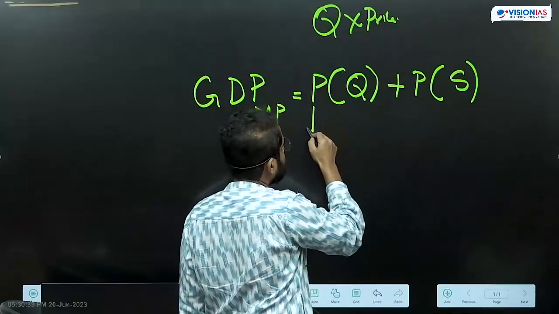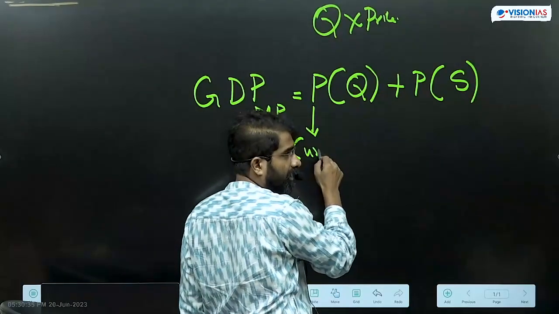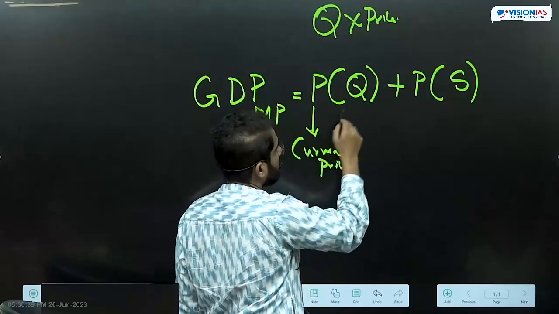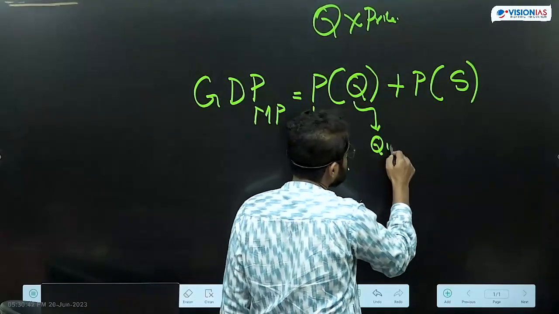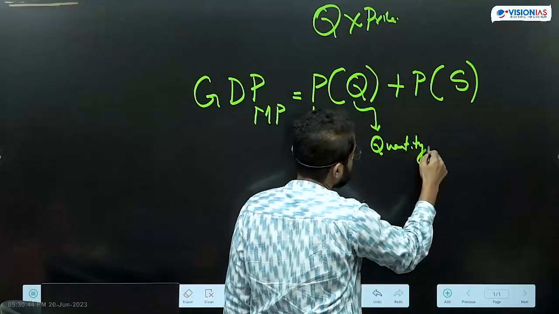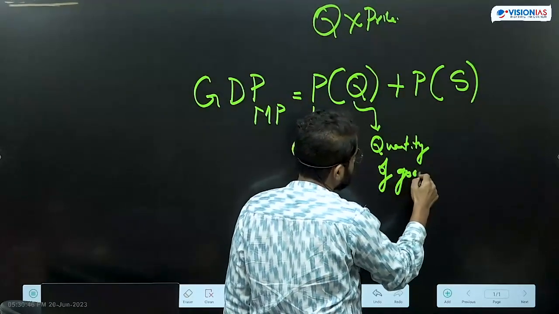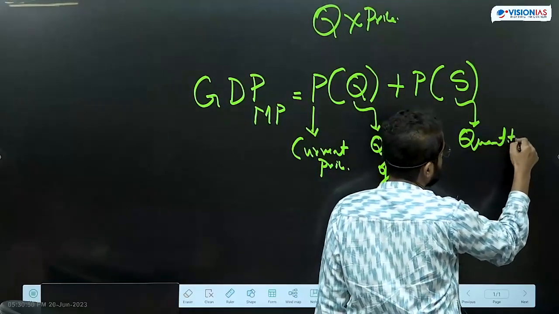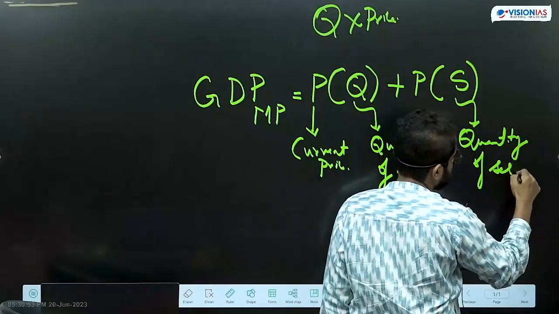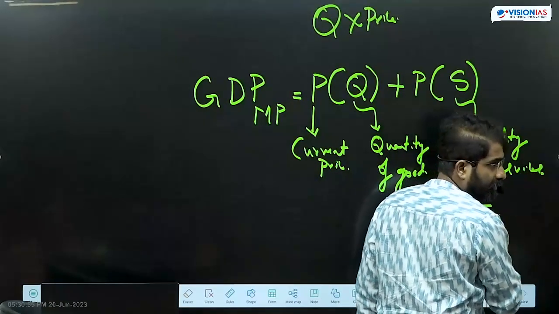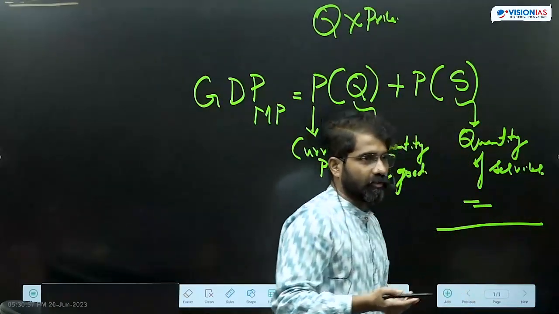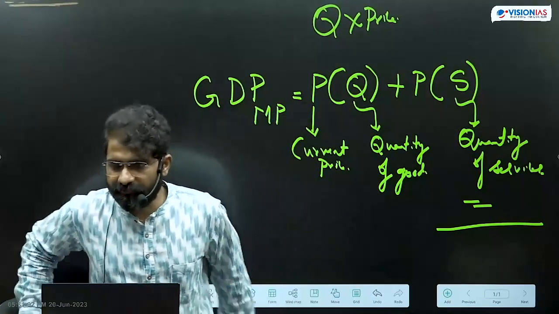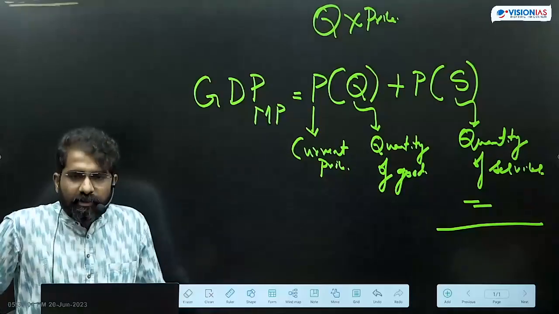This is the current price or market price, this is the quantity of goods, and this is again price and the quantity of services. You arrive at the value. This is the final output method, not the GVA method. You are doing quantity into price for goods plus quantity into price for services, both.